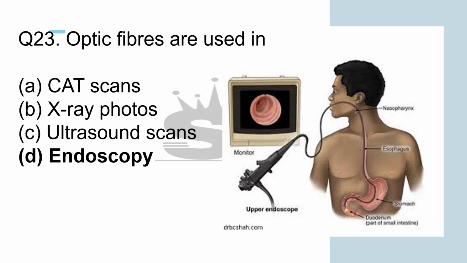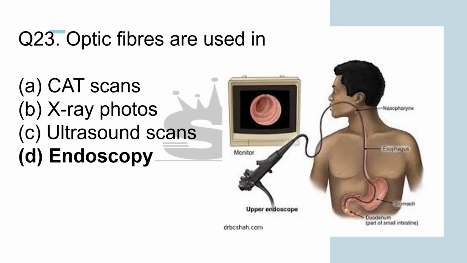Okay, a doctor can insert a bundle of optical fibers into the body. Some carry light into the body, and some carry light reflected off internal body surfaces back. Okay, you can see the internal organs on a video monitor, right? It is very useful in the medical sector.